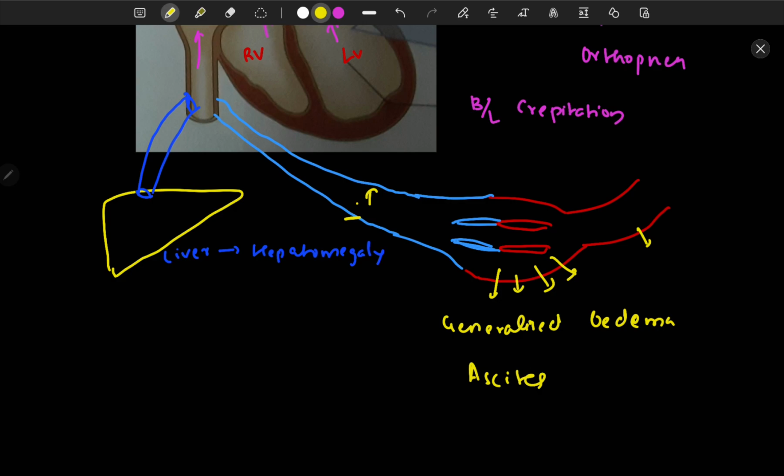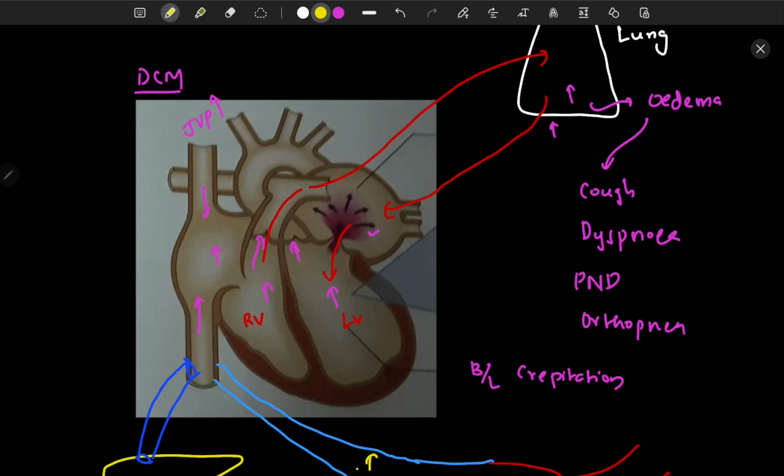Ascites will be seen. So altogether we can say that this patient will have both left ventricular failure as well as right ventricular failure. Due to left ventricular failure, there is pulmonary congestion and its features. Due to right ventricular failure, there is systemic venous congestion and its features. That is why this dilated cardiomyopathy can also be called congestive cardiomyopathy.